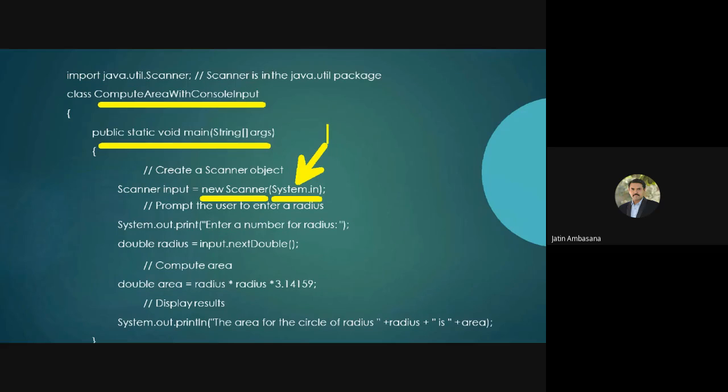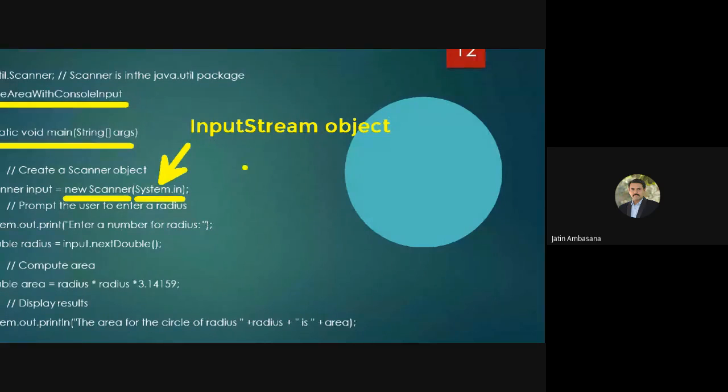What is System.in? This is the input stream object. And this input stream object basically refers to the standard input device.